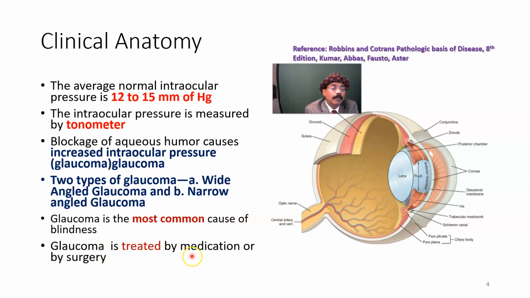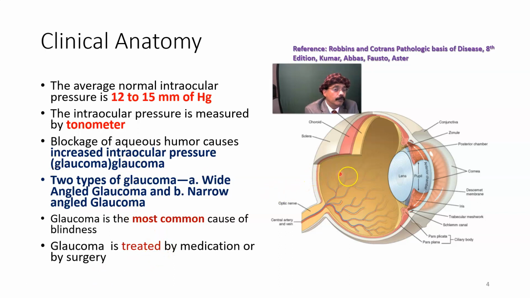Glaucoma is treated by medication which will decrease the secretion from the ciliary body, which will increase the flow of the aqueous humor through the trabeculae, and can overcome the debris in the trabeculae as well as in the canal of Schlemm. If the medication fails, then the ophthalmologist does the surgery.